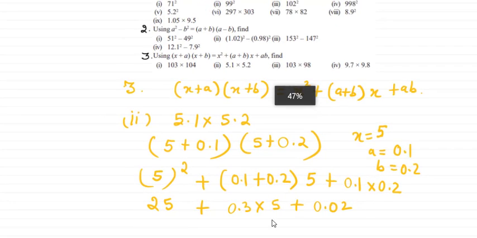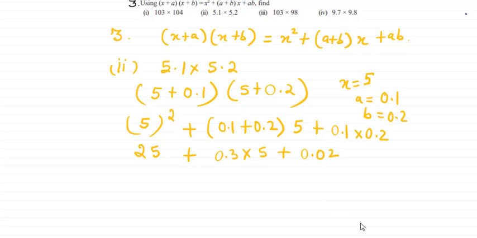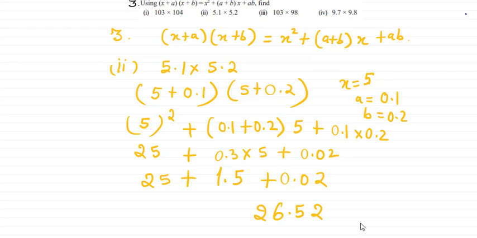Now you can simply add them. 25 plus 1.5 plus 0.02. So the answer will be 26.52 is the answer for this question.